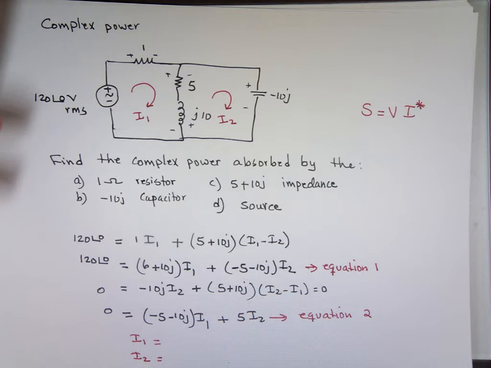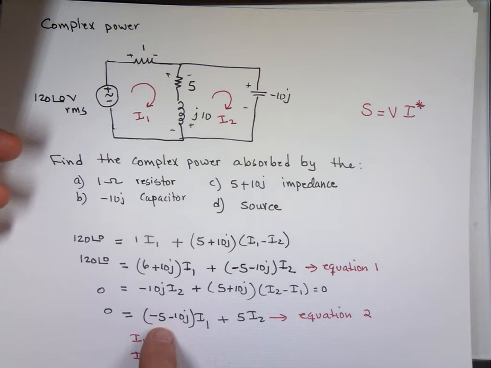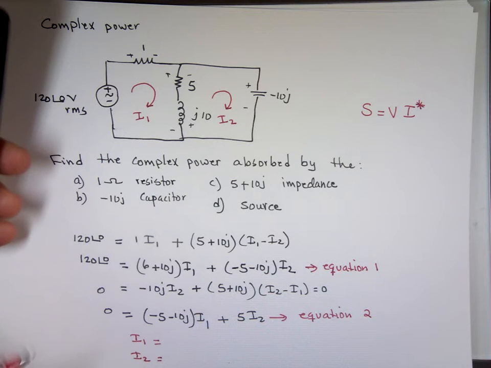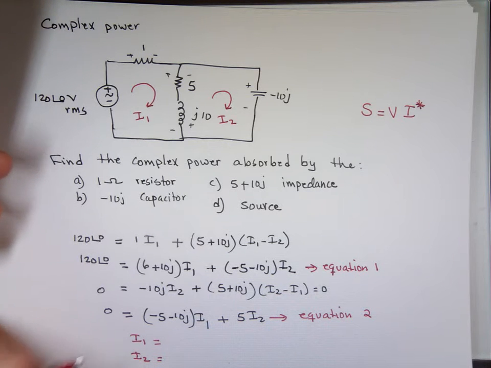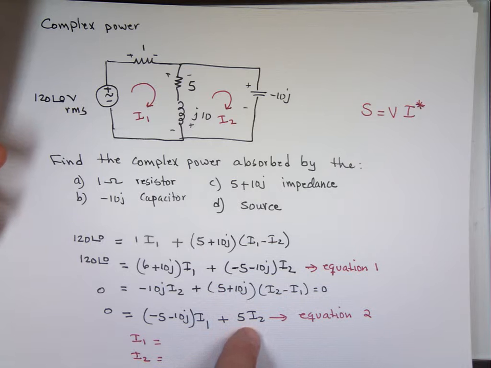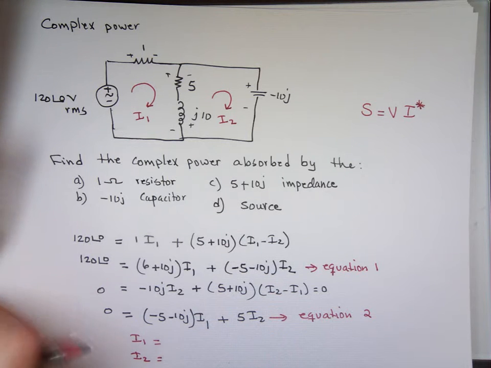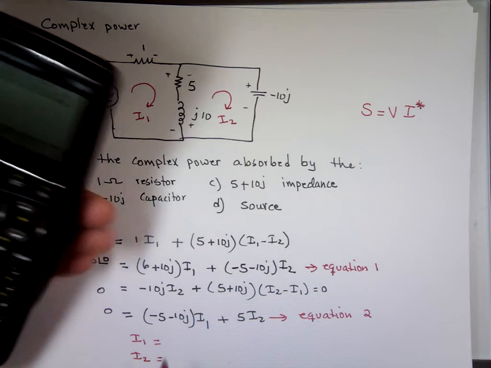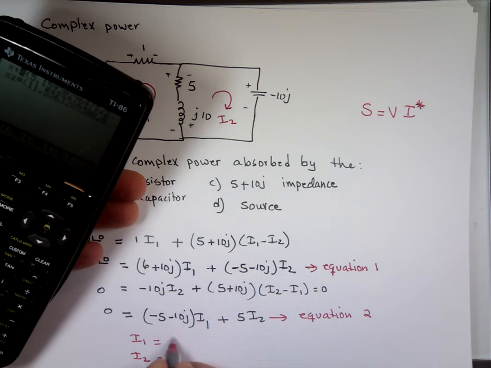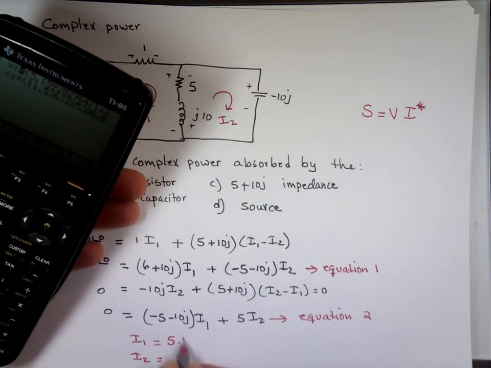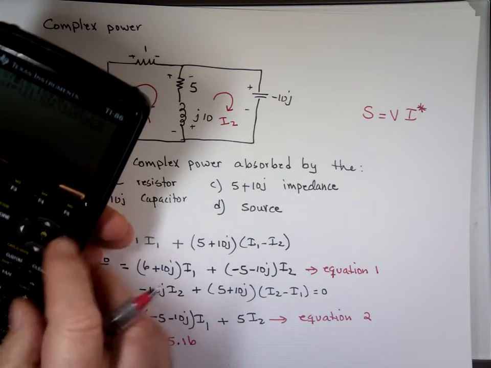Now we go to the second equation. Negative 5 minus 10j. The second value is 5, and the answer is 0. Solve it, and based on that, I got I sub 1 to be roughly 5.16, angle 25.5. Is that what you got?